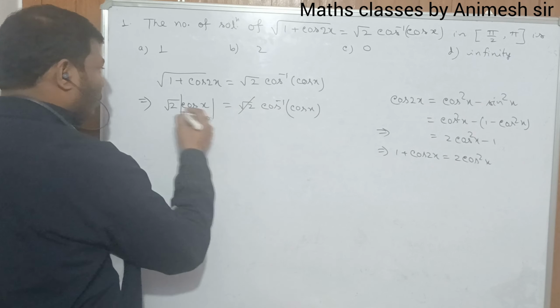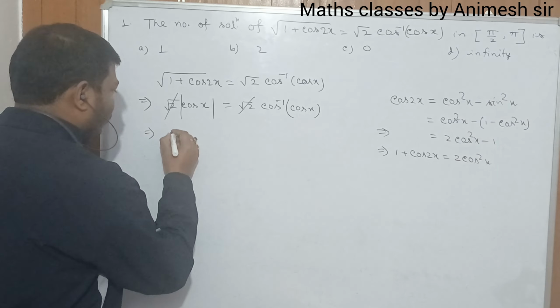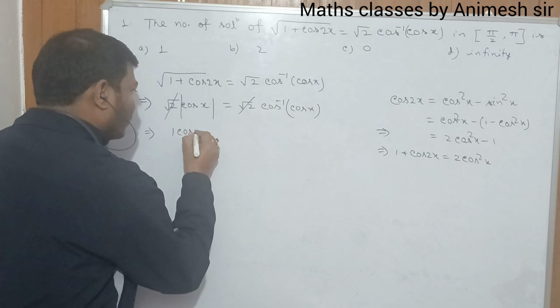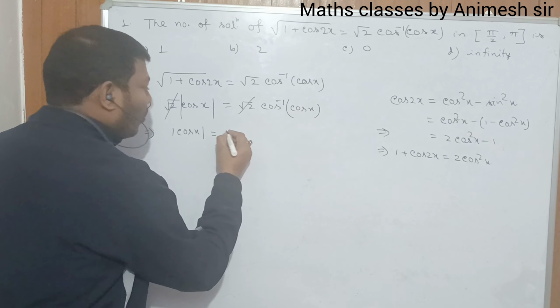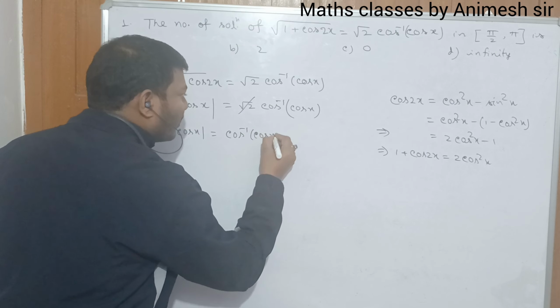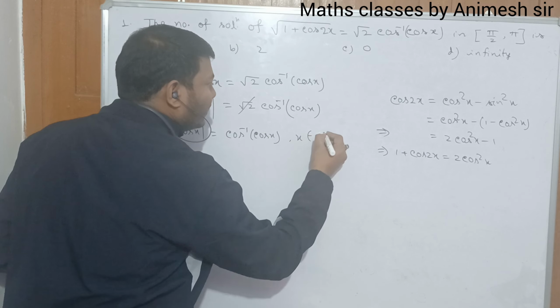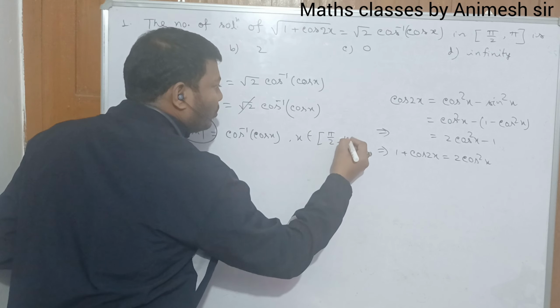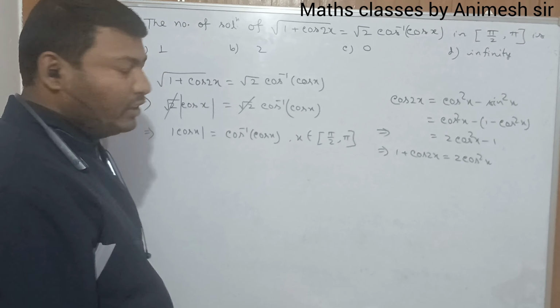So root 2 cancels on both sides. So this will be mod of cos x equals cos inverse cos x, where x is in pi by 2 to pi, that is in the second quadrant.